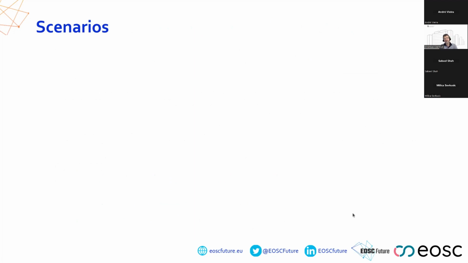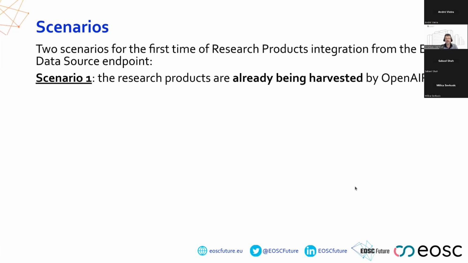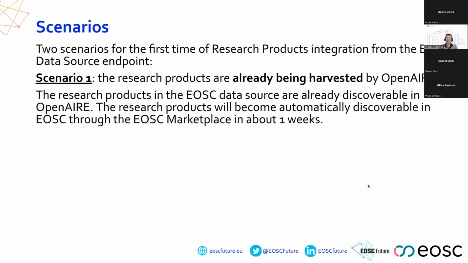In the case of EOSC, we currently have mostly two scenarios. The first scenario is that the data source is already harvested by OpenAIRE, and the research products are already in the OpenAIRE research graph. What we saw before is the foundation of the EOSC research product catalog.